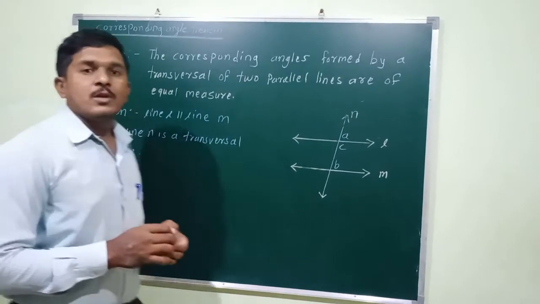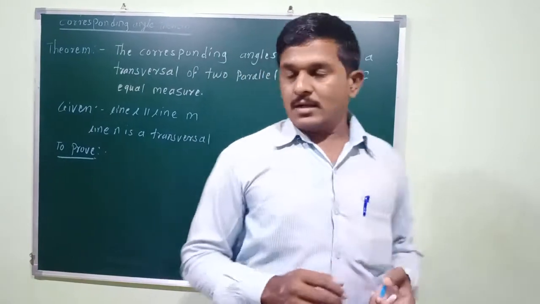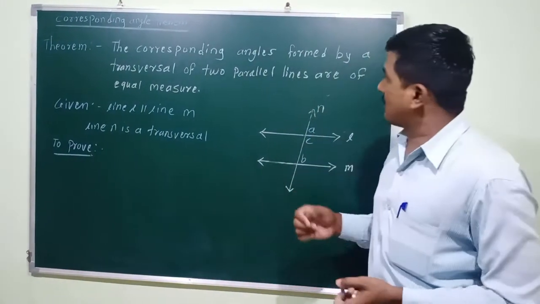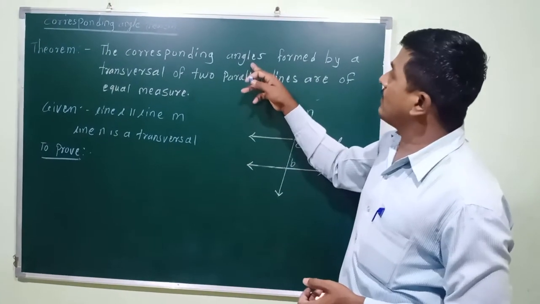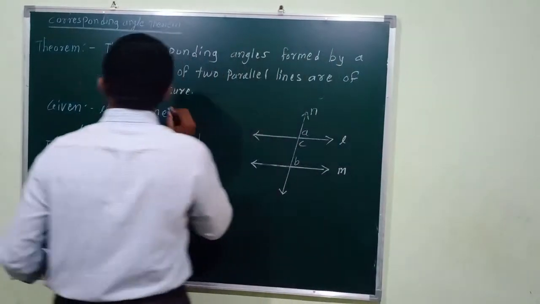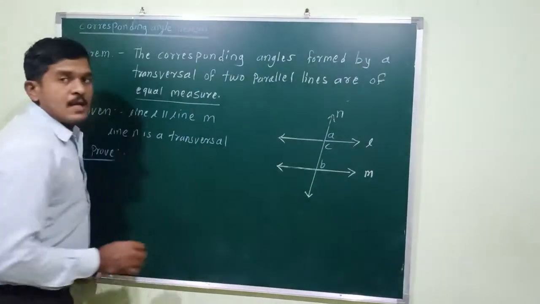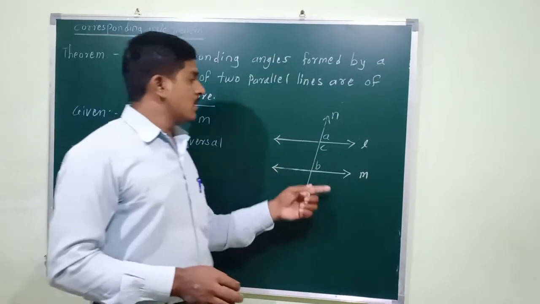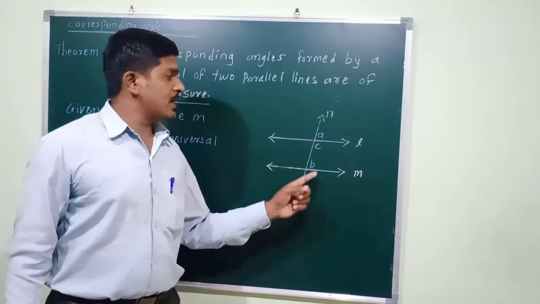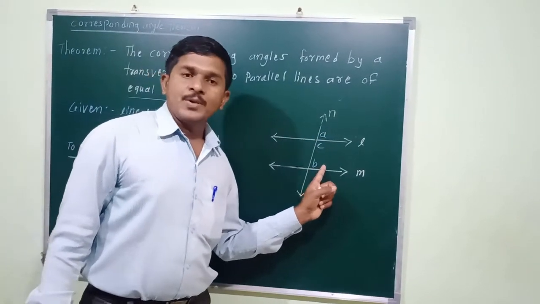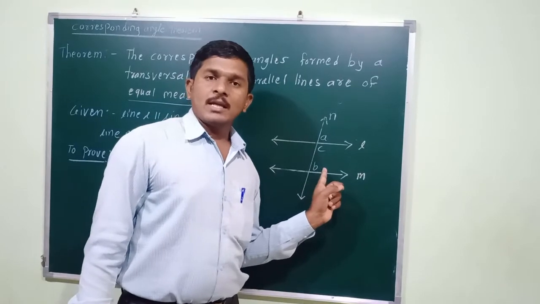Then, to prove. What is to be proved? We have to prove that the corresponding angles are of equal measures. In this figure, which are the corresponding angles? Angle A and angle B are the corresponding angles.